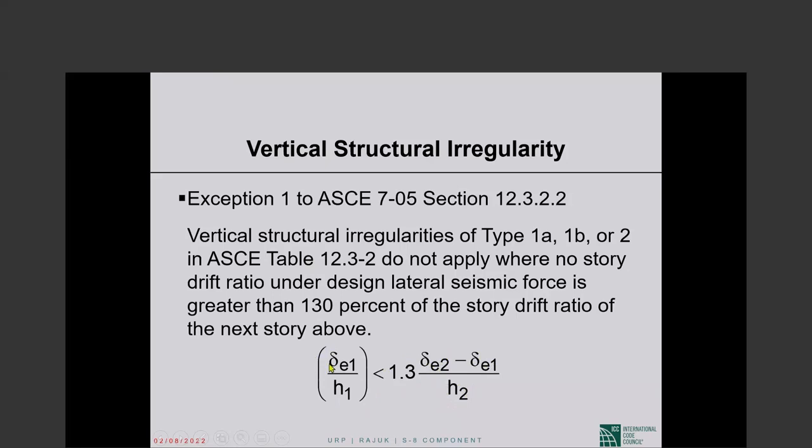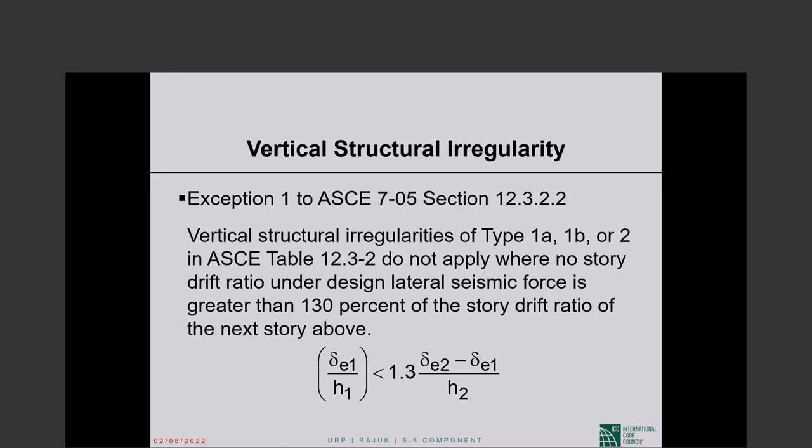So the first story, at the base, there is no deflection. So the interstory drift of the first story is delta E1. I should have written delta 1E. That was our notation. I'd like to write these things down.